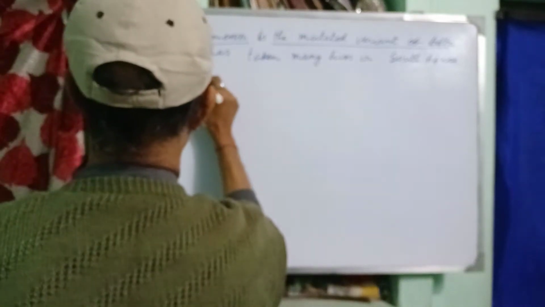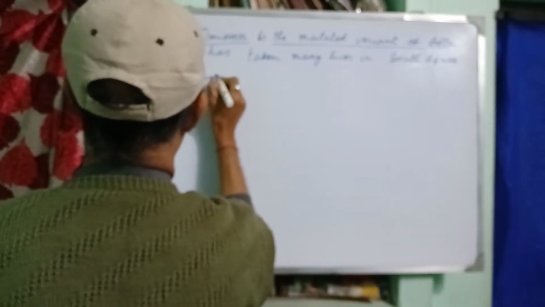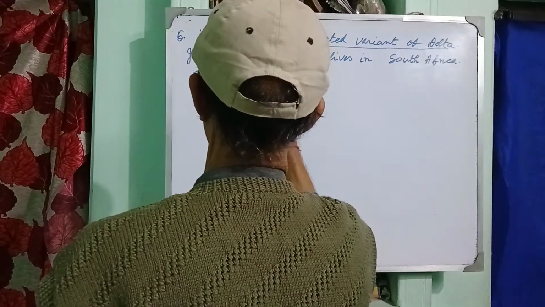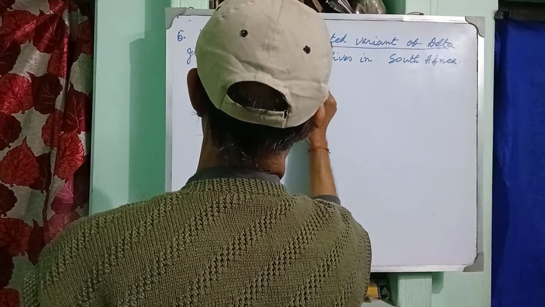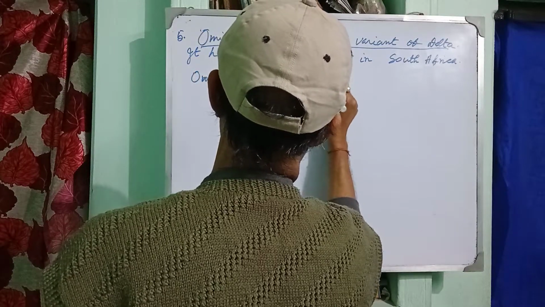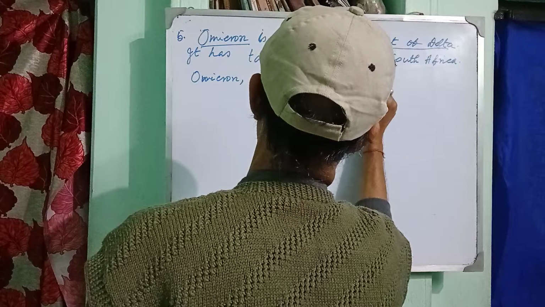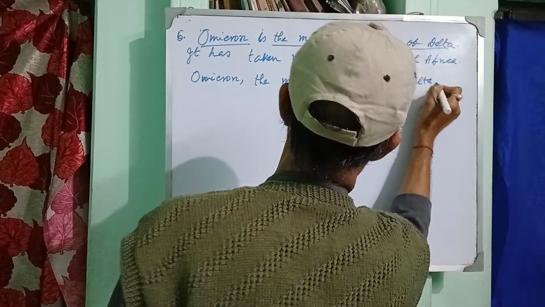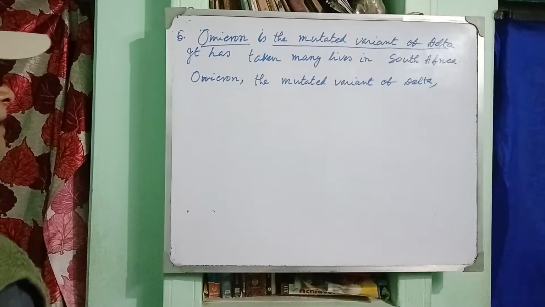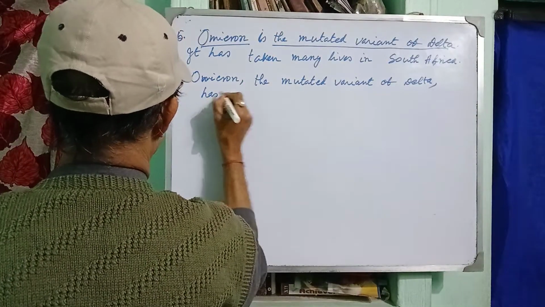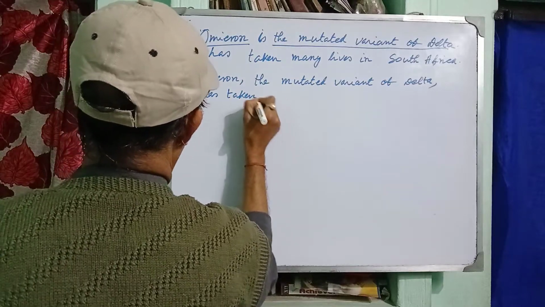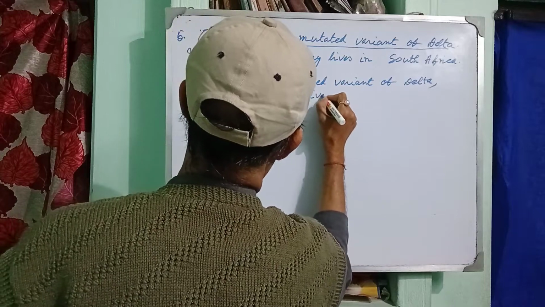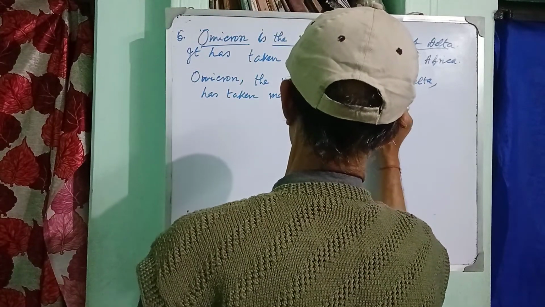So you will have to write Omicron, the mutated variant of Delta, comma, has taken many lives in South Africa.